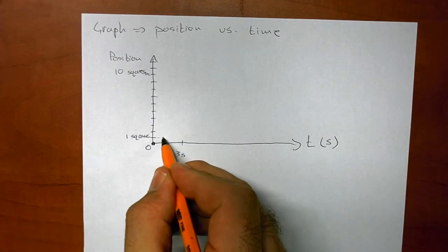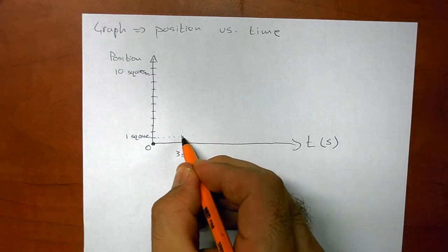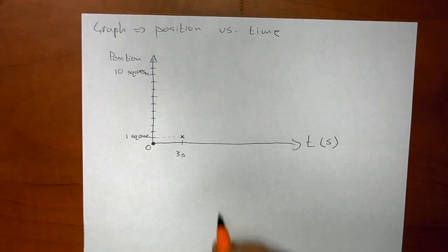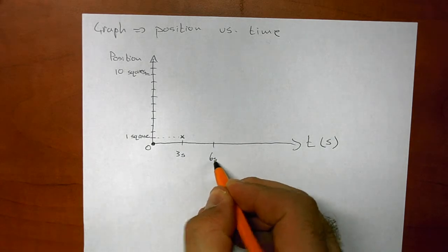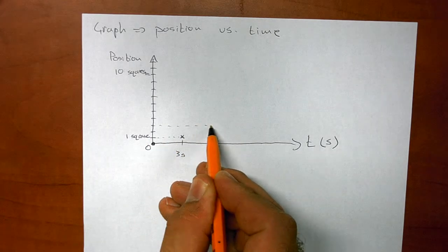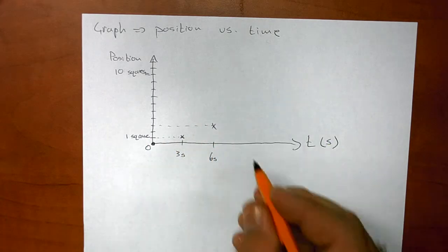So 3 seconds later, we know Sheehan advanced by 1 square. So after 3 seconds, he was 1 square away from his initial position. And we're going to take his forward motion as indicating motion in the positive direction, so I'm only going to plot positive values on the x-axis. After 6 seconds, he had advanced 2 more squares, so 1, 2. So his position would be over there.